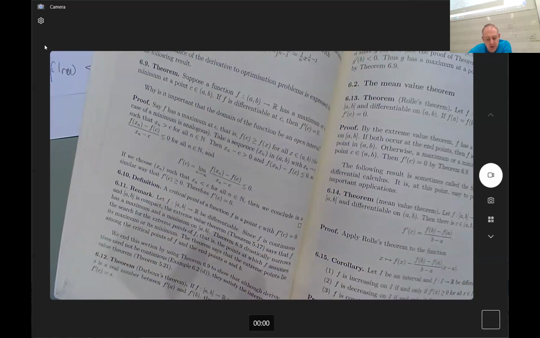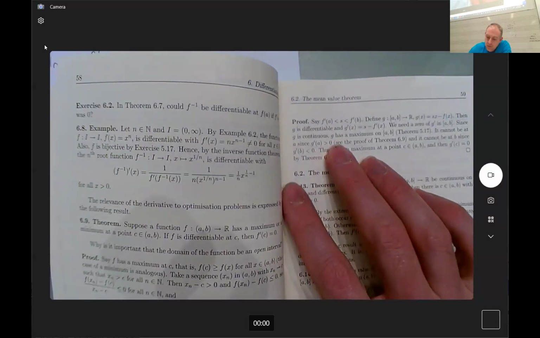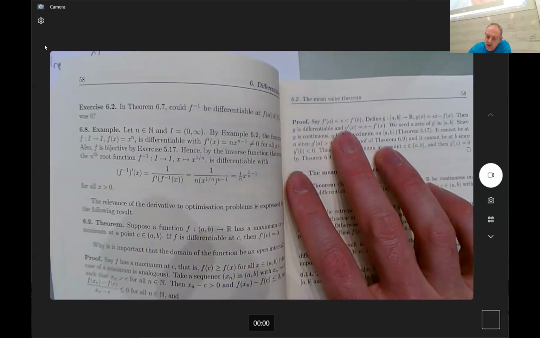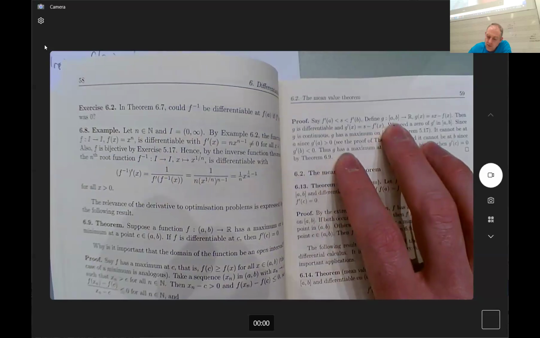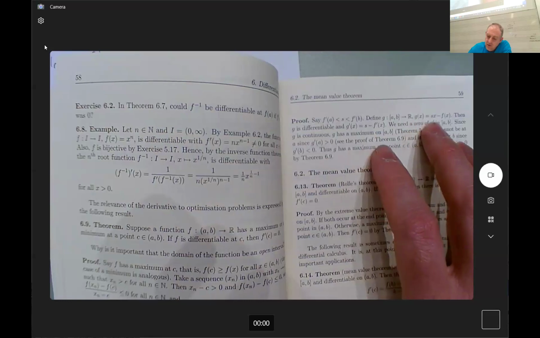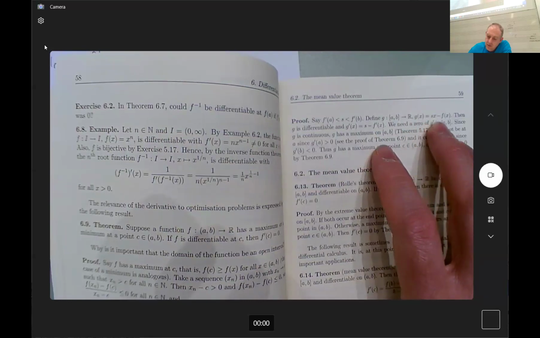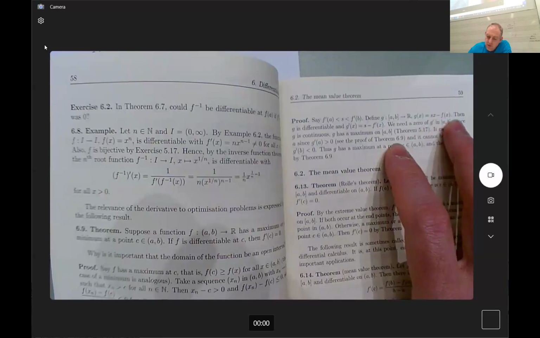Although derivatives need not be continuous, they do satisfy the intermediate value theorem. That's theorem 6.12. If f dash of a is less than s is less than f dash of b, define g from a, b to R, g of x is s of x minus f of x. Then g is differentiable.